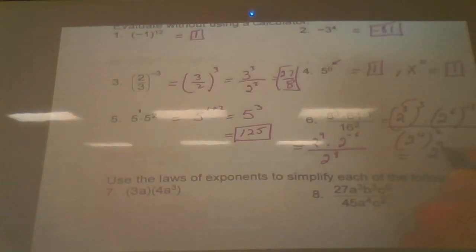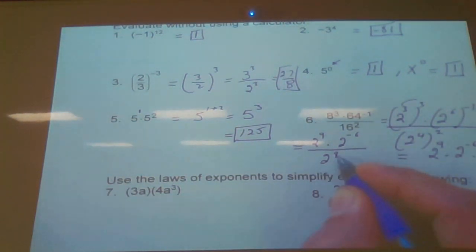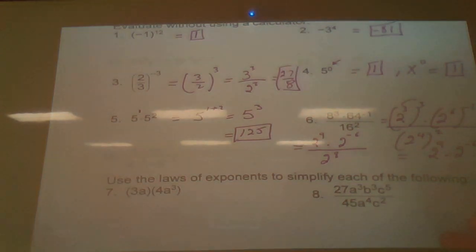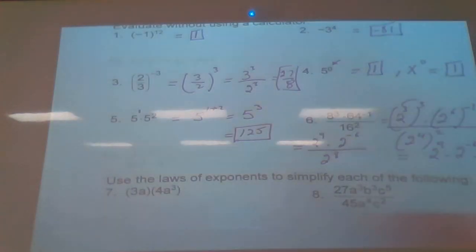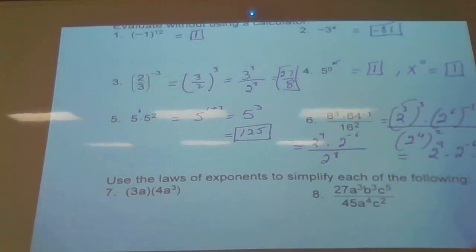I have 2 to the 9, 2 to the negative 6, and I'm going to bring 2 to the 8 up, so I'm going to change the sign on the 8. That's going to give me 2 to the, add all these numbers, 9 minus 6 minus 8, which gives me 2 to the negative 5. I can switch this to the bottom, make it 2 to the positive 5.